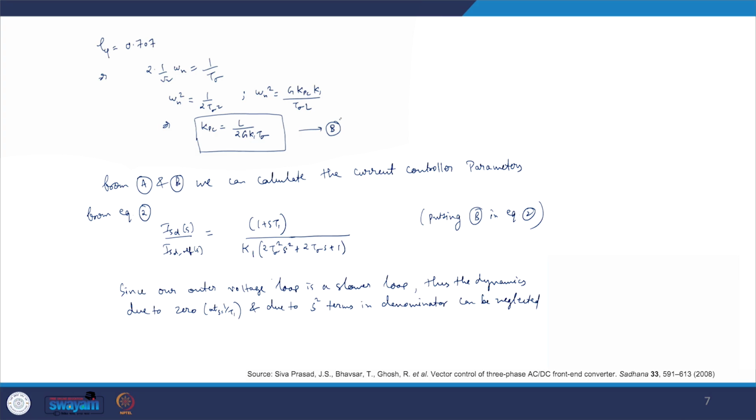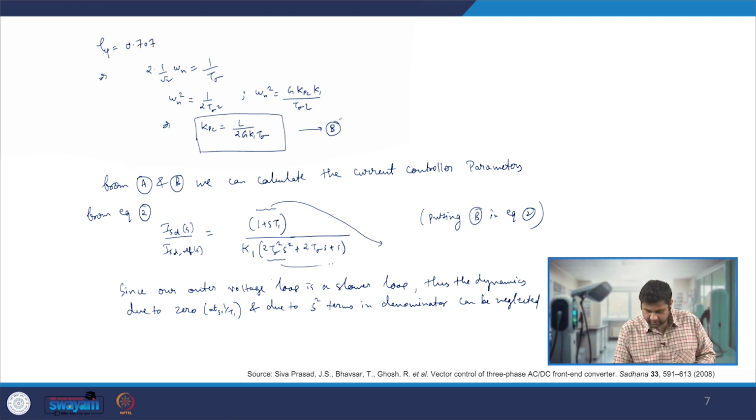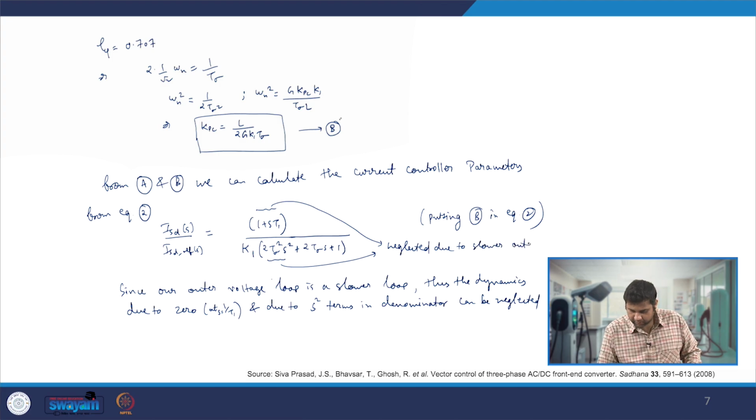Similarly, in the denominator, the s square term can be neglected as s corresponds to a smaller value, and thus the s square term will be a further smaller value. So we can say that this particular part and this particular part can be neglected due to the slower outer voltage loop.